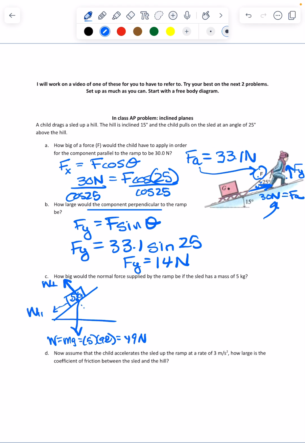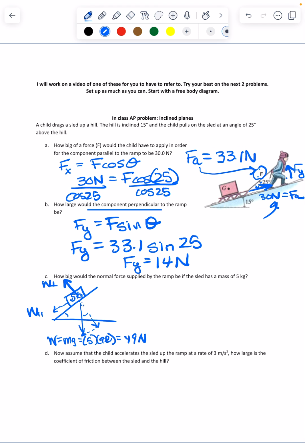So if I draw those components, remember, on a free body diagram, never draw the components, but they are super helpful when you're calculating. So that weight perpendicular, remember, oops, I don't want to erase that. Why'd that go away? Okay. This angle and this angle are the same.